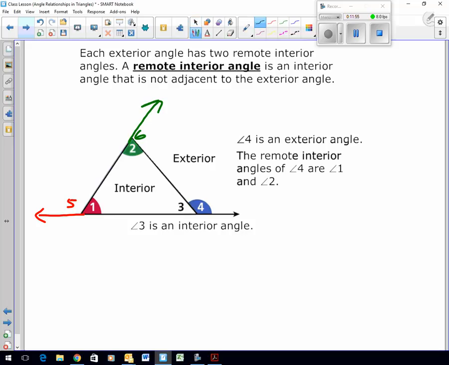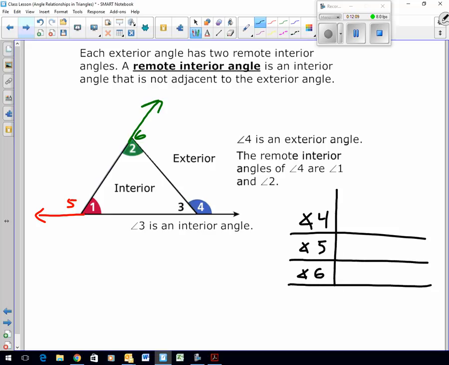Finally, create a chart: angle 4, angle 5, angle 6, and the remote interior angles.